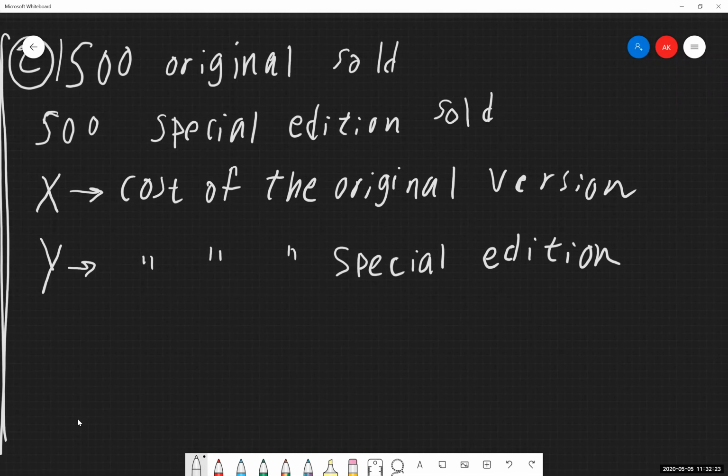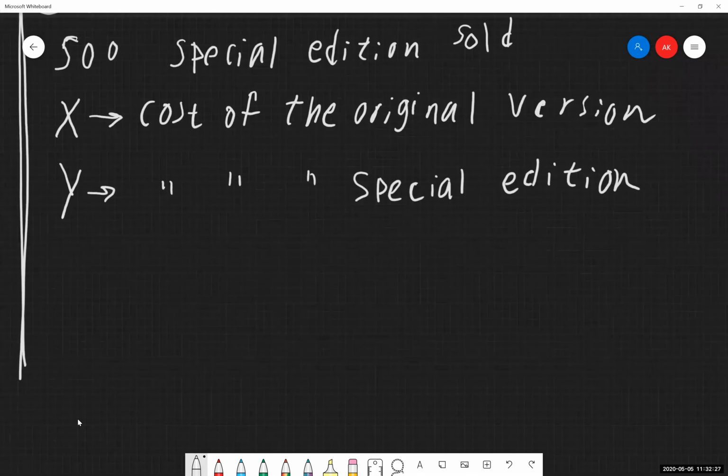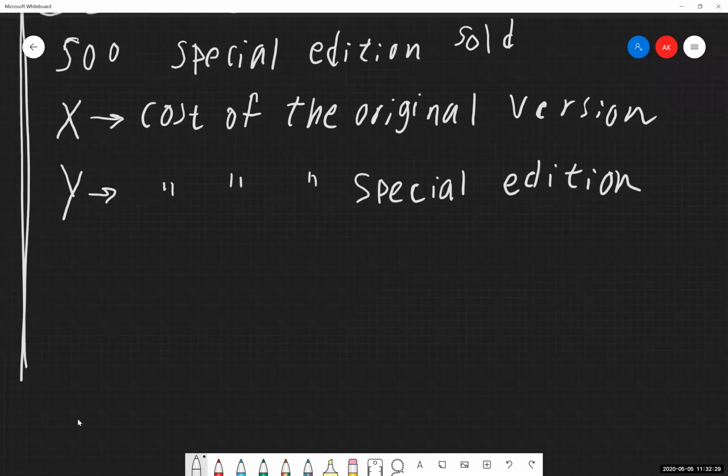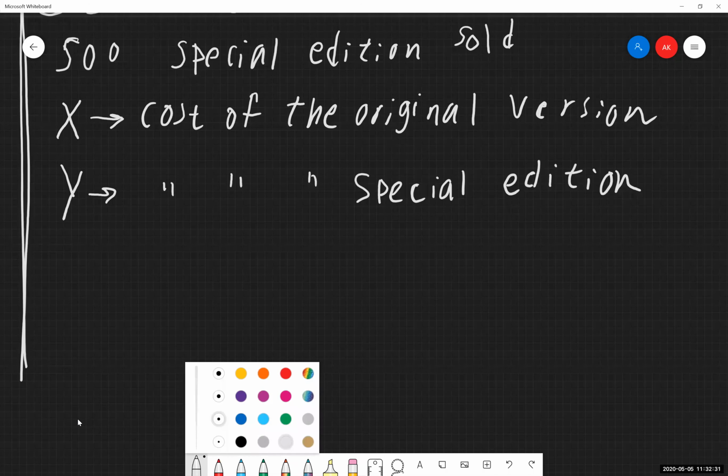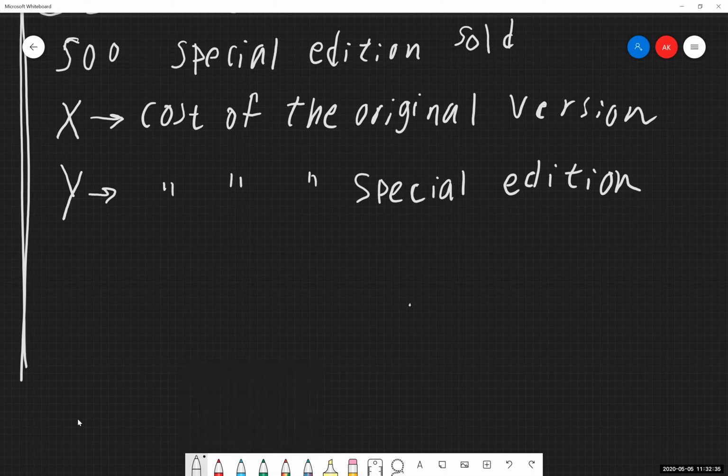Okay, well, trying to make an equation out of that. They earned a total of $77,500. So if we were to take however much of each version that we had at their given price, and combine all of those numbers together, the dollar value should be that 77,500.